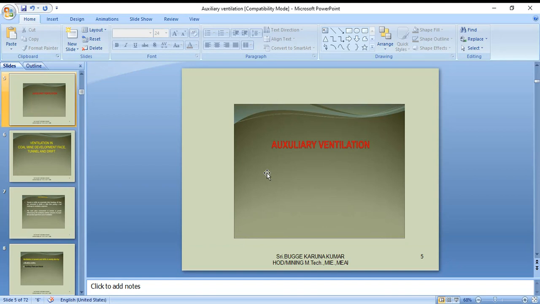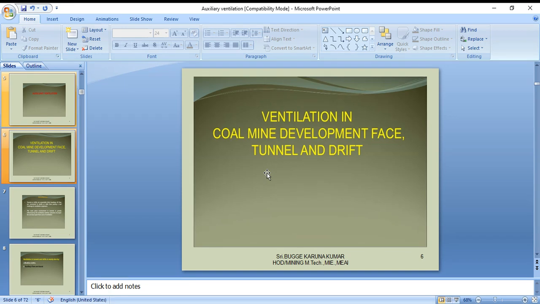Coming to auxiliary ventilation, it's not the main ventilation, it's a part inside the ventilation system. In coal mine development phases, and in tunnels and drifts, the auxiliary ventilation system is majorly used.